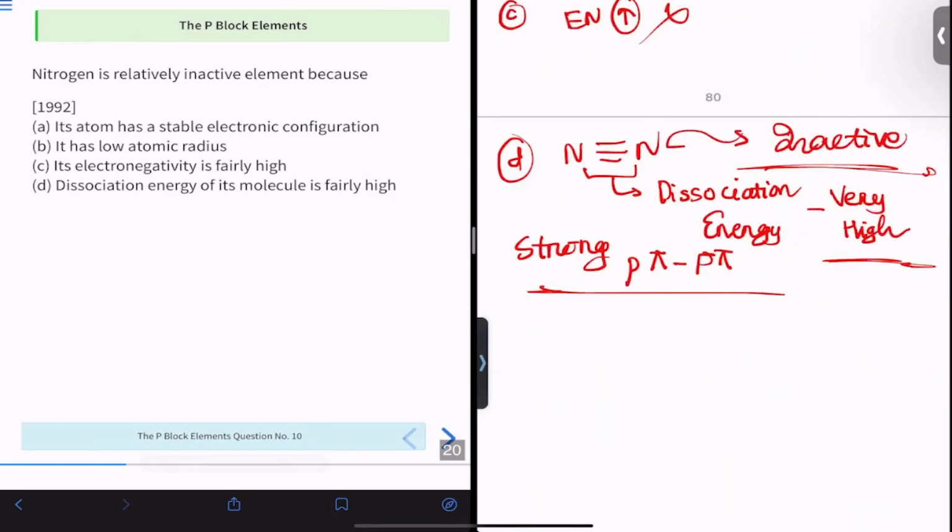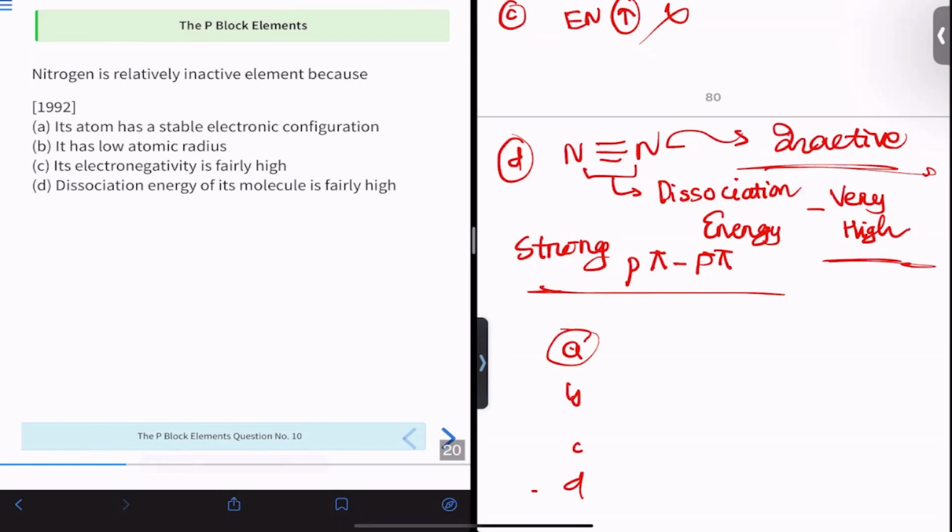So guys, this is how you should read all the options and rule out the inappropriate ones. You have to always select the most appropriate option. That is why I always ask you to read all the options A, B, C, D. You might think that its atom has a stable electronic configuration, option A, because you must have heard that half-filled orbitals are more stable.